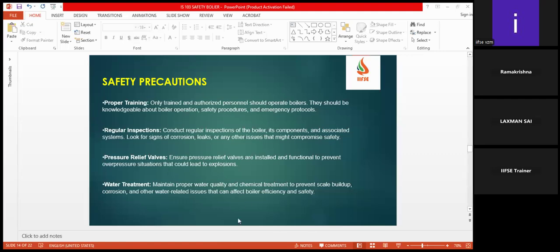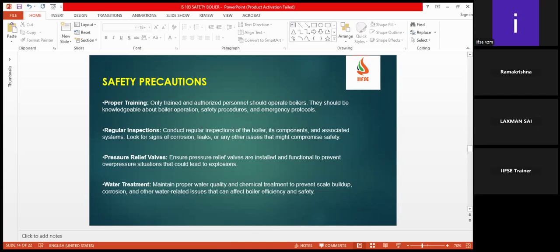So we were in our first class. We were at regular inspections, and we'll continue from point three, the pressure relief valves. To ensure the pressure relief valves are installed and also functional to prevent the overpressure situations that could lead to explosions.